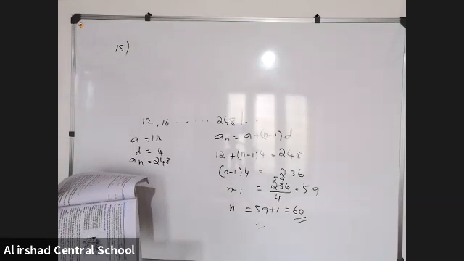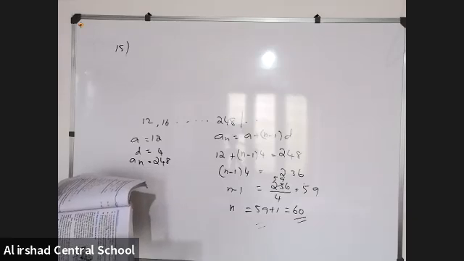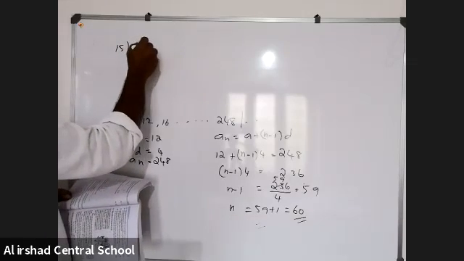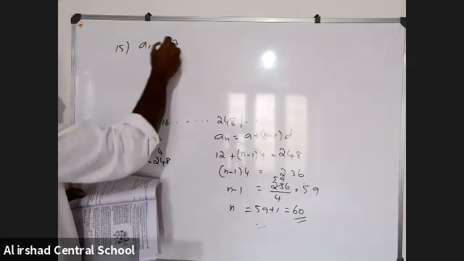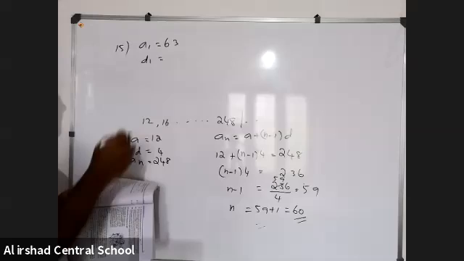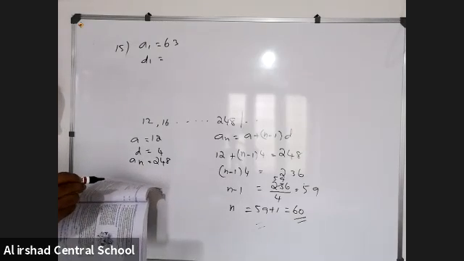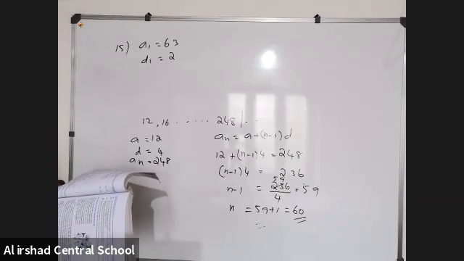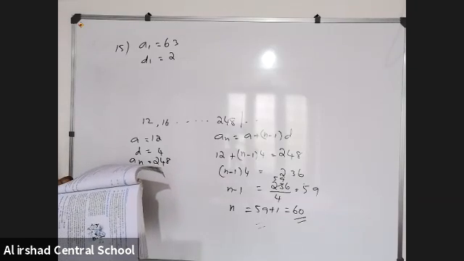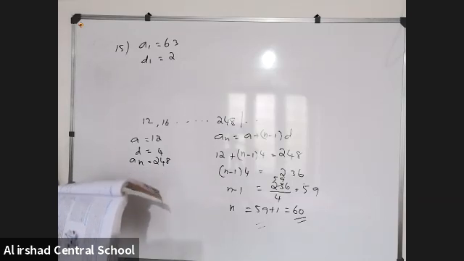For what value of n are the nth terms of two APs equal? For the first AP, can I write A1 is equal to 63 and D1 is equal to, what is D1? What is D? 2.